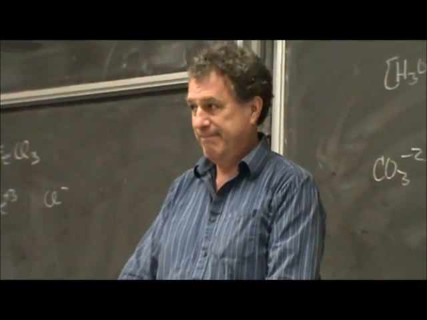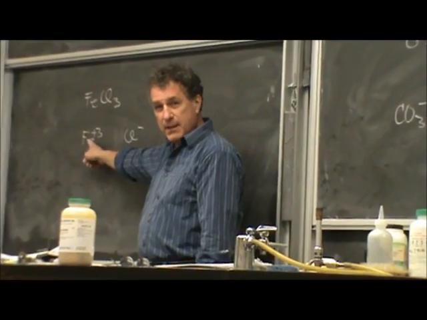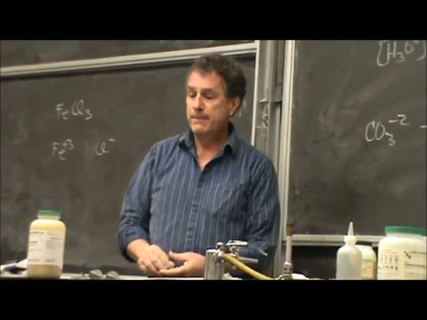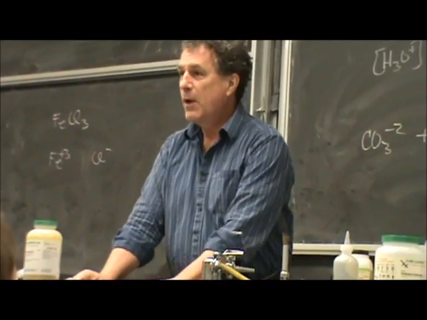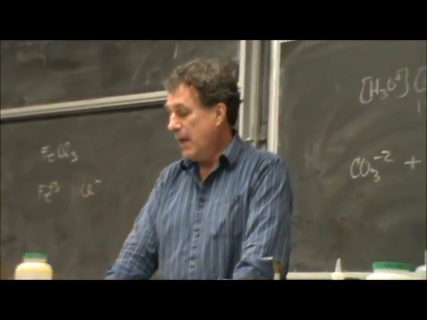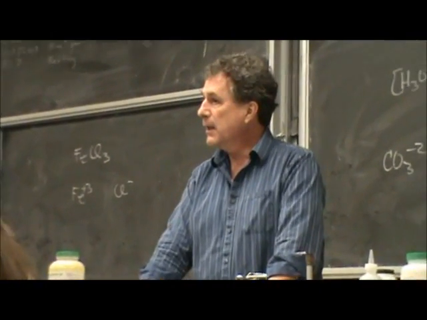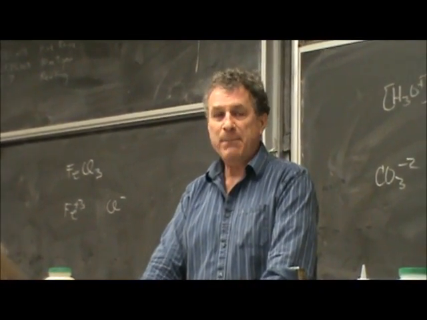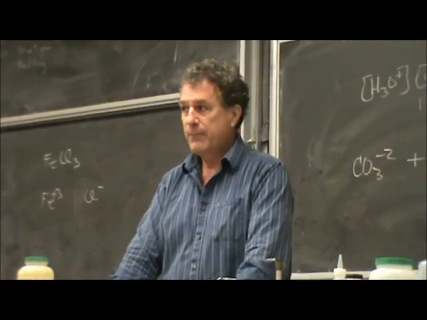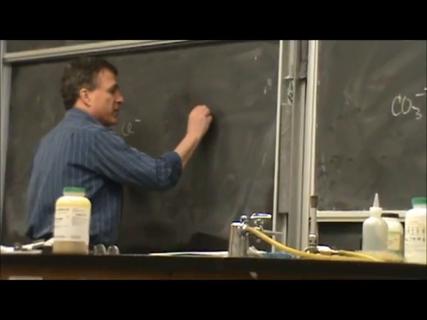Lewis. In Lewis acid-base theory, that's a Lewis acid. Why is it a Lewis acid? Lewis acid-base theory says Lewis acids are not proton donors, but electron pair acceptors. And who, for instance, has electron pairs?